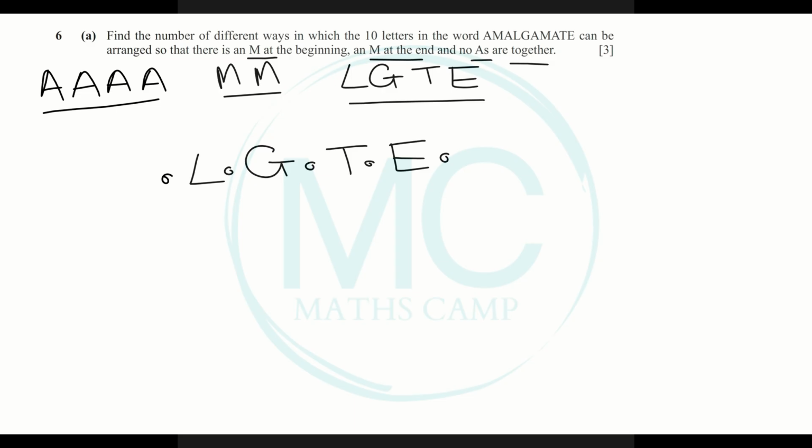Let's start with L, G, T, and E. I've got 4 letters. So for my arrangement, I can say 4 factorial. Now for my A's, I have got 1, 2, 3, 4, 5 possible spots for 4 letters. Let's multiply this by 5C4. Let's take my calculator.